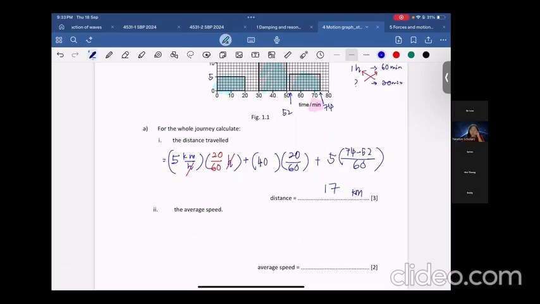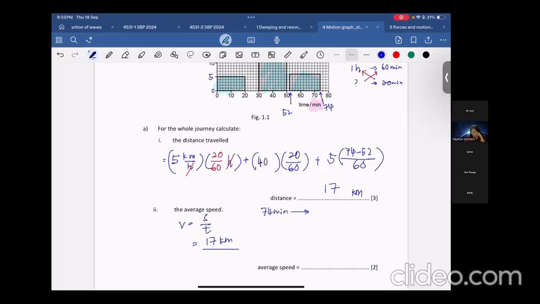Please double check. Are you able to get 17 kilometer? Xuan, are you able to get this answer? Yes, okay. Average speed, total distance divided by total time. So total distance 17 kilometer divided by total time. Total time we use is 74 minutes.